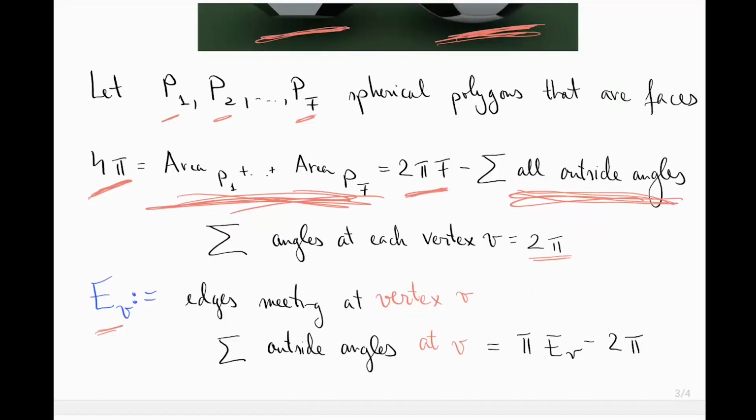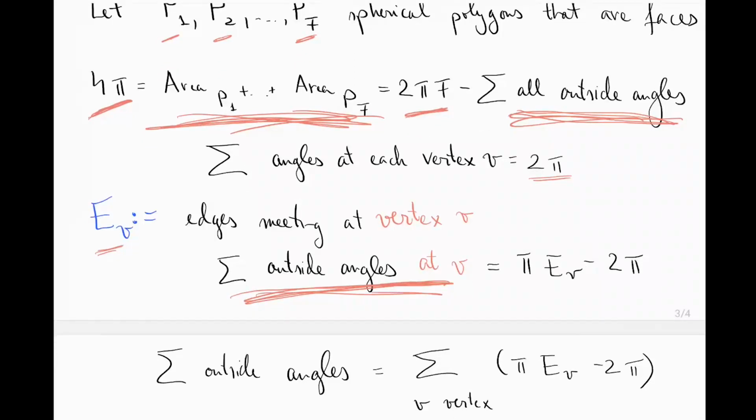Since the sum of the angles meeting at each vertex is 2 pi, a very basic algebra operation tells you that the sum of the outside angles at V is equal to pi EV minus 2 pi. Okay, good. So now I sum up these sums along all the vertices that I have.